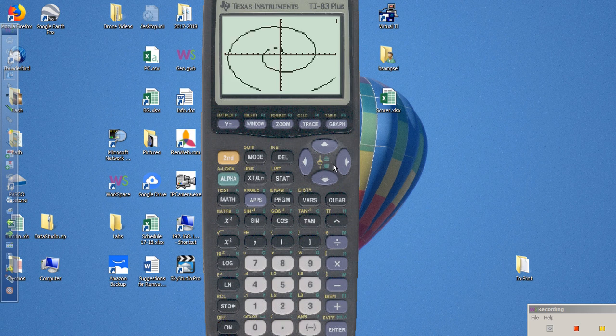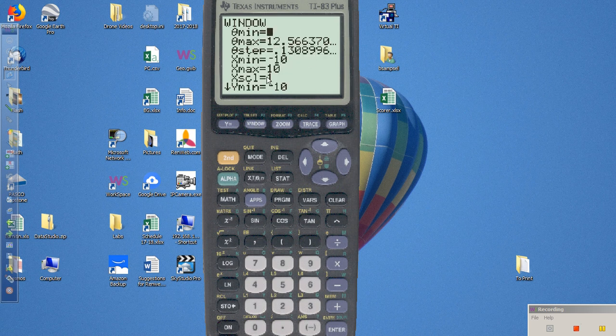This is just r equals theta. Maybe change your settings to the grading level. It was 4 pi though. I think it was probably set up so that the theta step was wrong or something.